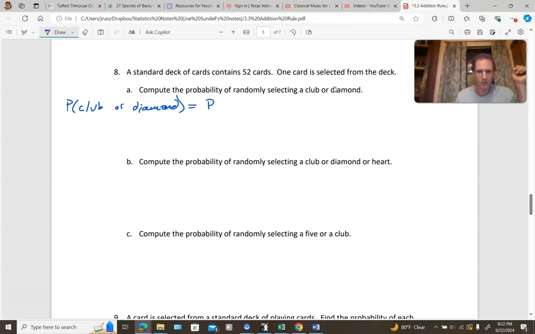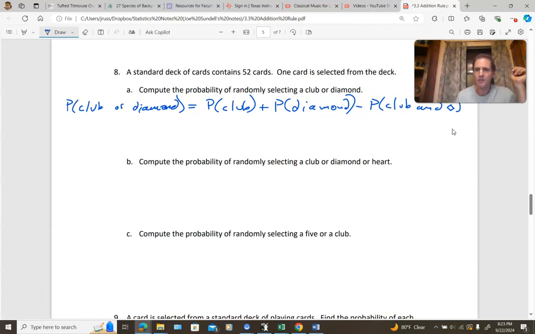Again, this will be the probability of selecting a club plus the probability of selecting a diamond, minus the probability that the card you select is both a club and a diamond.